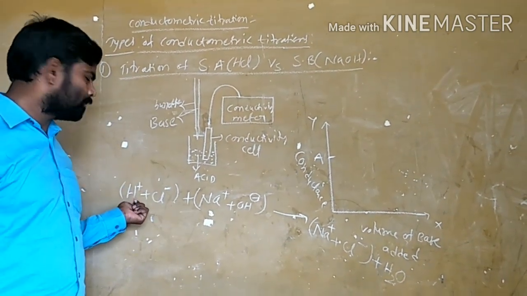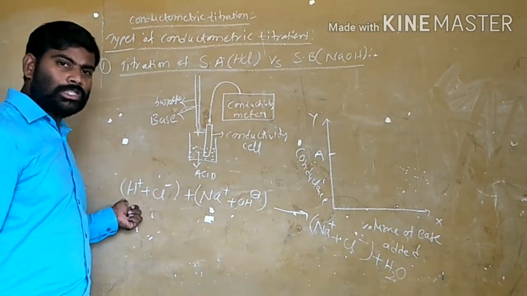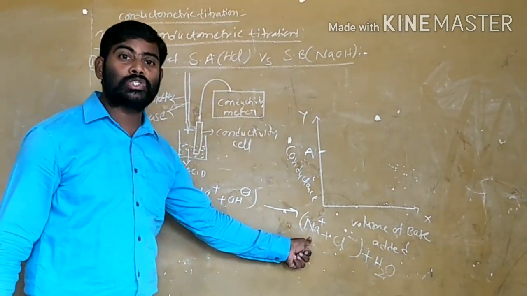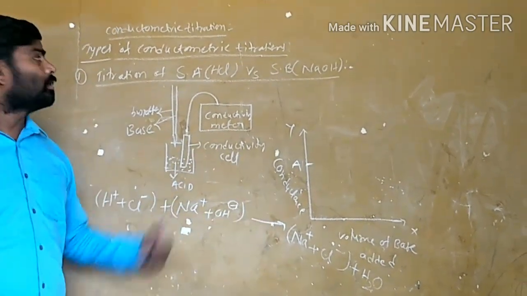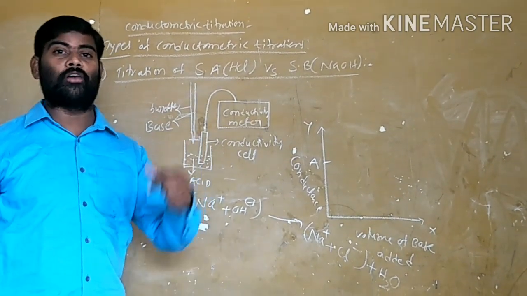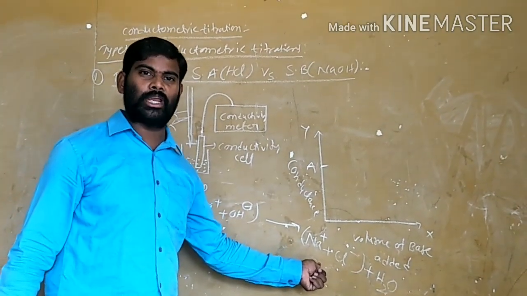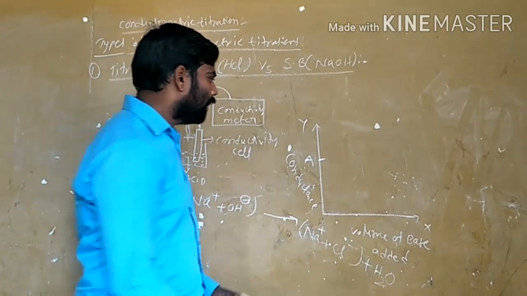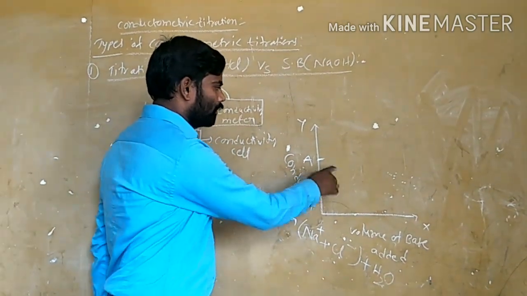Conductance mainly depends on two factors: the number of ions and the mobility of ions. Here the fast moving H plus ions are replaced by slowly moving Na plus ions, which means the conductance value will decrease somewhat. That I am showing as a point.